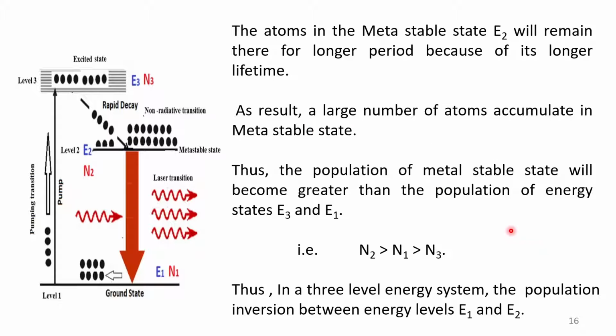Thus, the population of the metastable state will become greater than the population of the energy states E3 and E1. That is, we can say that N2 is greater than N1 and is greater than N3. Thus, in a three-level energy system, the population inversion is between the energy levels E1 and E2.